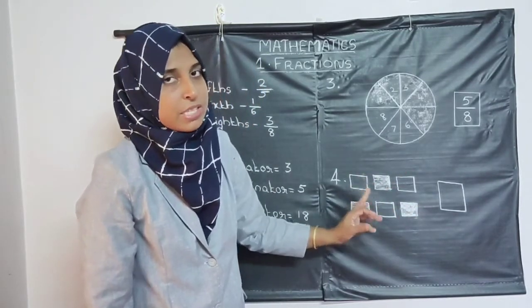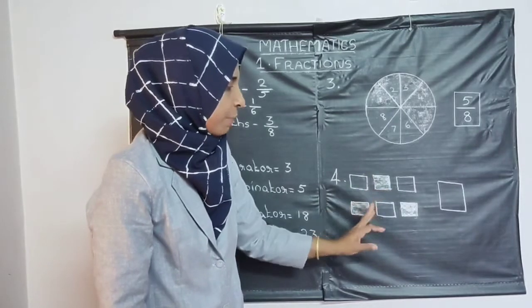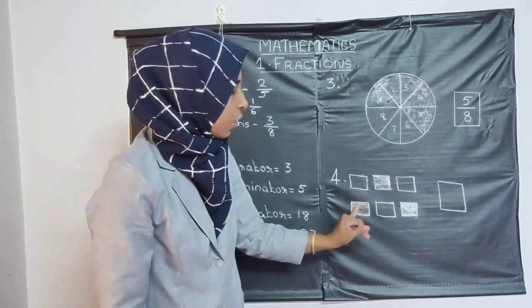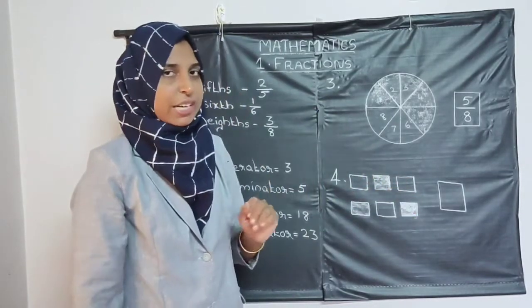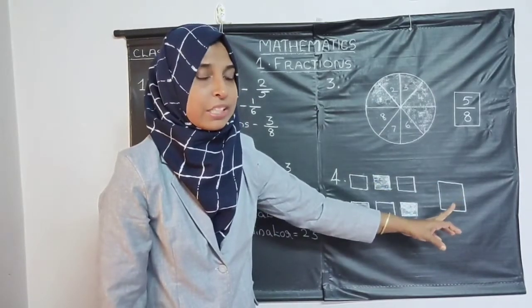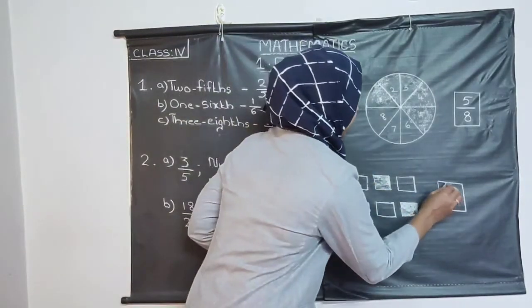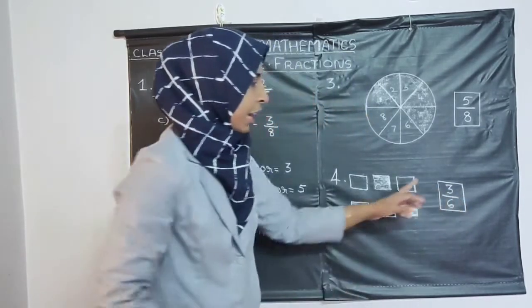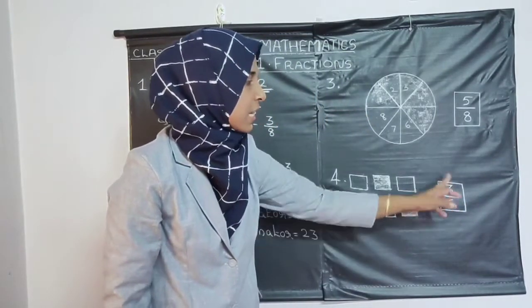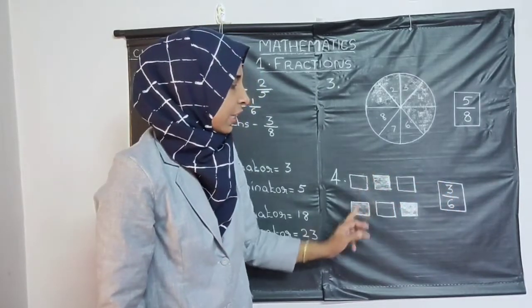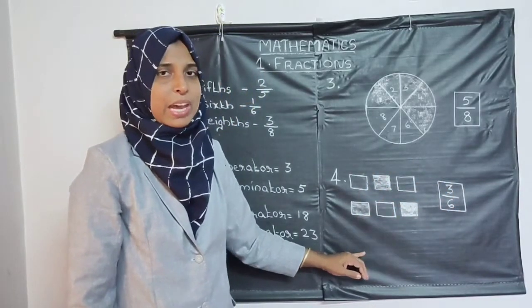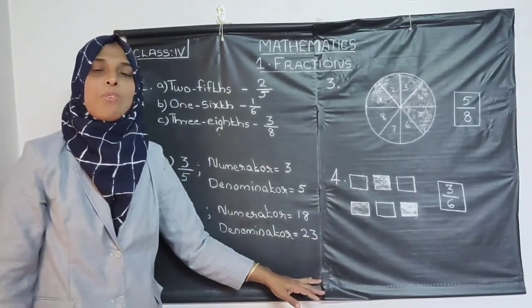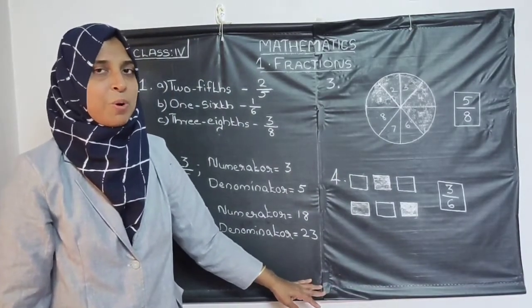In total we have 6, and from these 6 how many are shaded? 1, 2, 3. 3 shaded. So how can we write the fraction? Yes, we can write 3 by 6. So from these 6 equal parts, 3 parts are shaded. Okay, so this is our first exercise in your textbook.